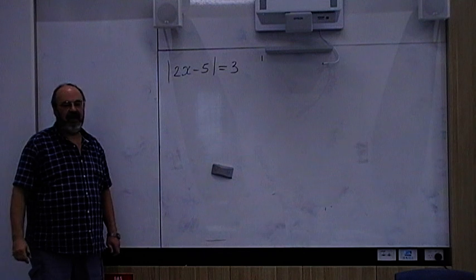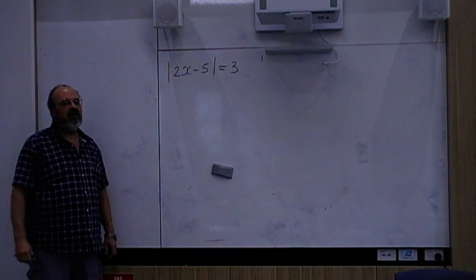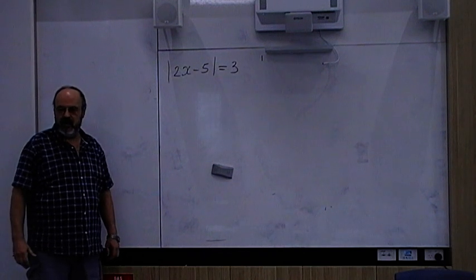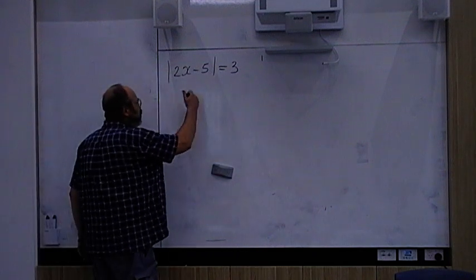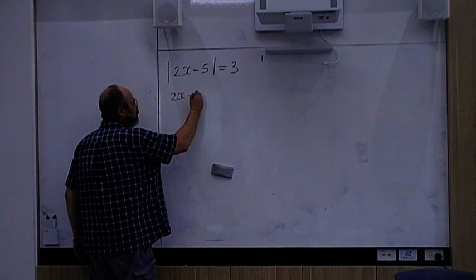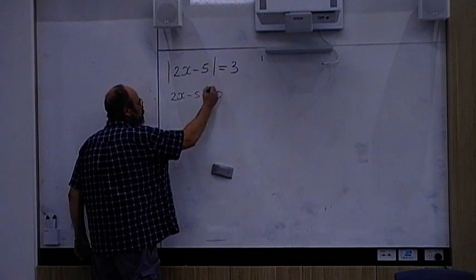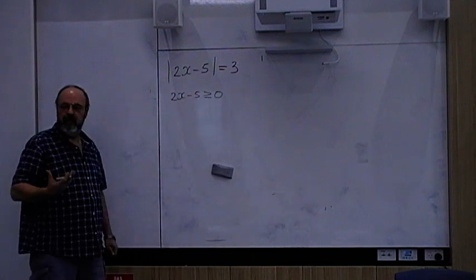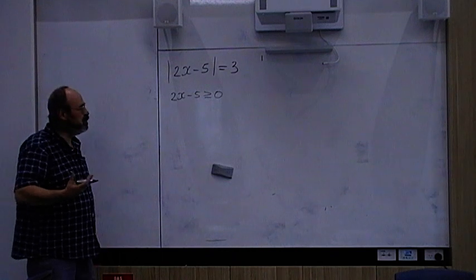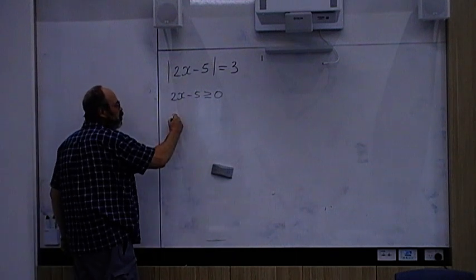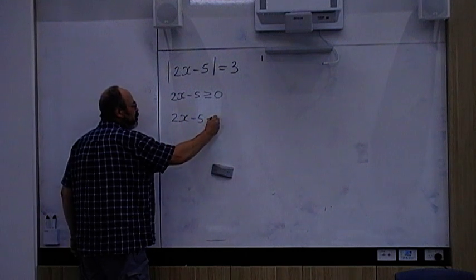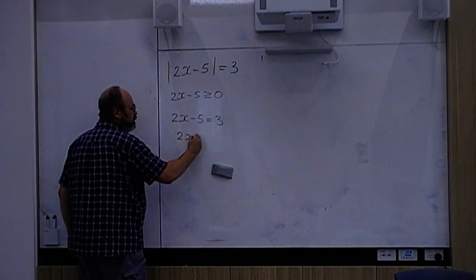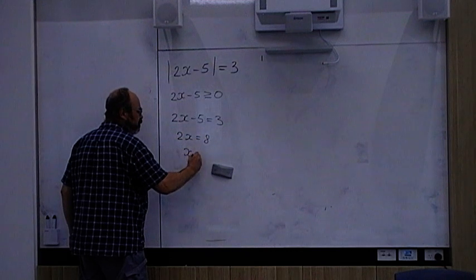Again, there are a few different ways to approach it. The pure algebraic way, how we just did. When the expression inside the modulus, 2x minus 5, is non-negative, positive or 0, we can just drop the modulus. We have 2x minus 5 equals 3, 2x equals 8, x equals 4.